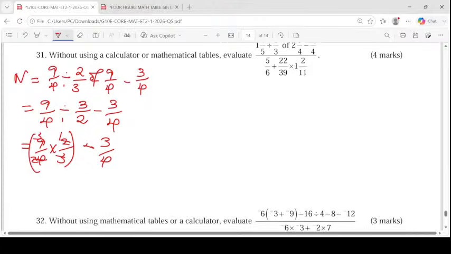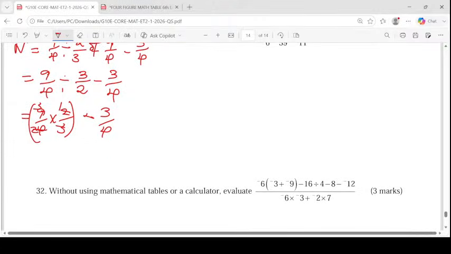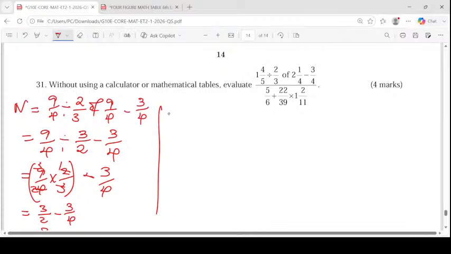So this will be 3 over 2 minus 3 over 4. When you take 3 over 2 minus 3 over 4, you get 3 over 4 as our numerator.